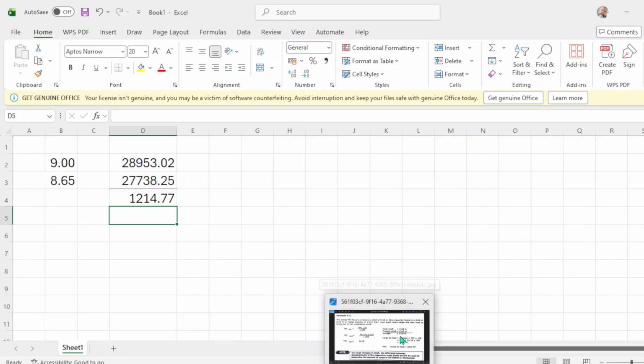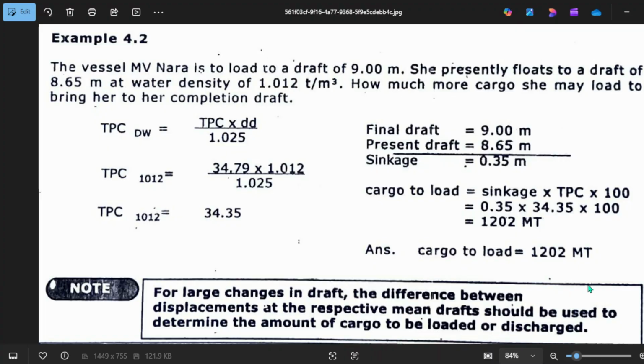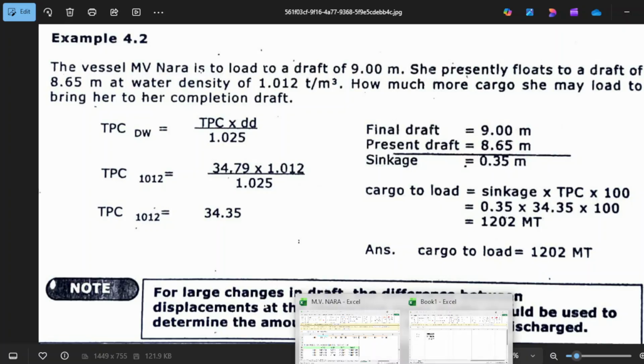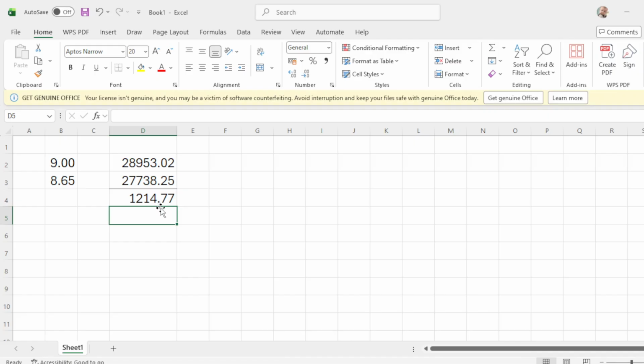And he got here 1214, so it should be 1215. I will check this one later.